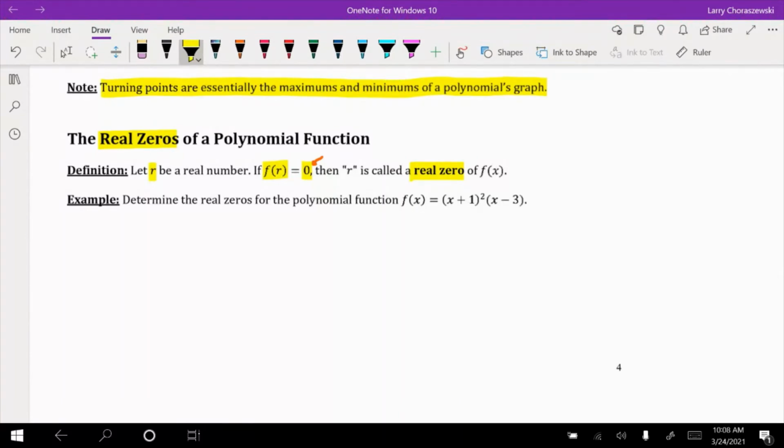In this example, we have a polynomial function that's not written in standard form, but rather it's written in what I like to call a partially factored form. I mean, if we wanted to, we could FOIL x plus 1 and then bring it in with x minus 3 through FOIL.